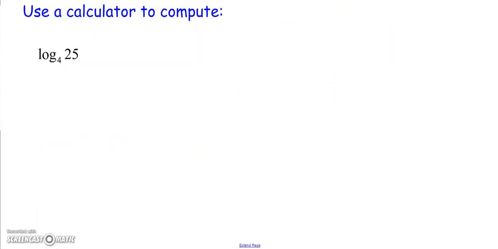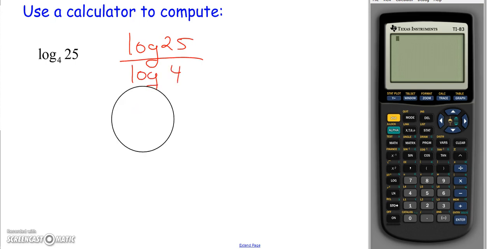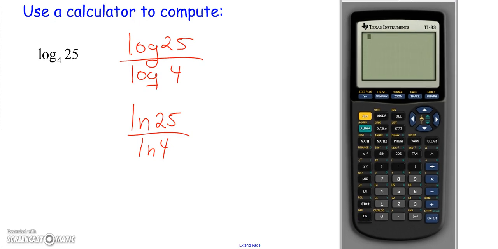So, real quick, we'll do one calculator example. If you have to do log base 4 of 25, the easy way to type this into your calculator is log of 25 divided by the log of 4. Another way would be the ln of 25 divided by the ln of 4. Either one, you'll see they come out to be the exact same answer.